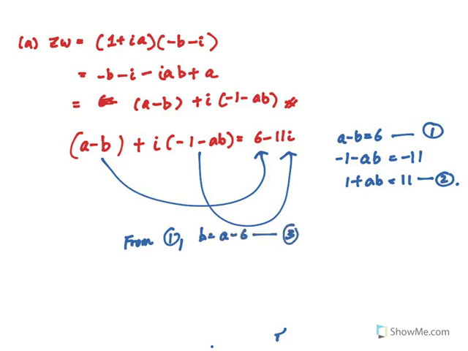Substituting into equation 2, 1 plus A times (A minus 6) equals 11, so A squared minus 6A minus 10 equals 0. I realize this cannot be factorized. I can complete the square, or use the quadratic formula. I'm lazy, so I'll just use the quadratic formula.